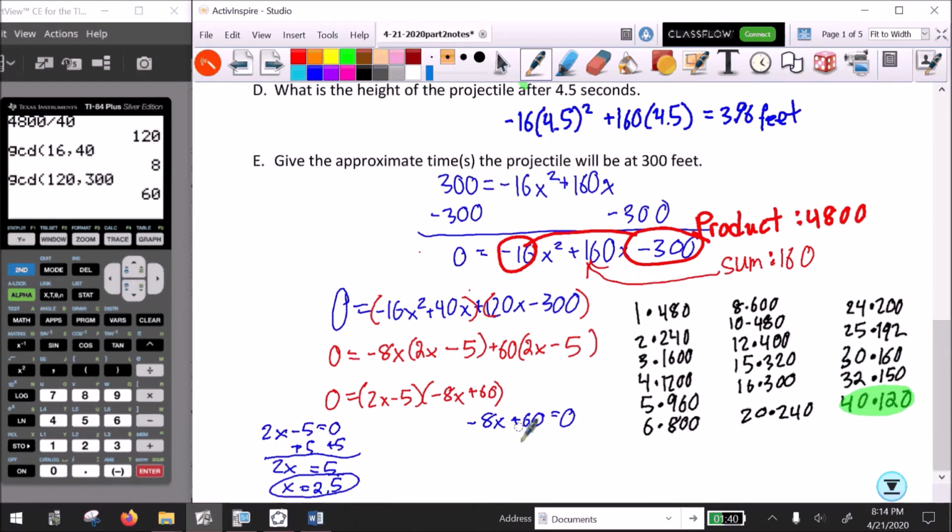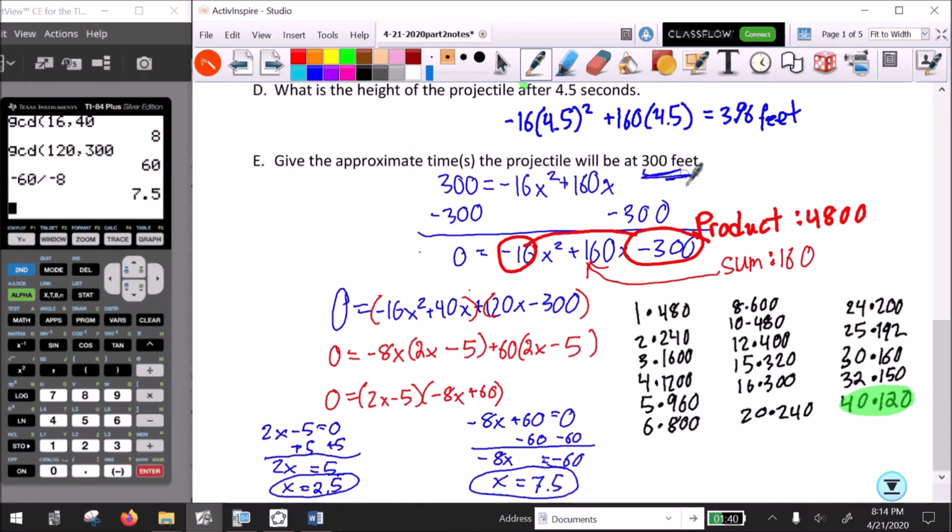Over here, we're going to subtract 60. Negative 8x is equal to negative 60. So we have to do negative 60 divided by negative 8. And we get that x is equal to 7.5. And those are the two answers for when the projectile is at 300 feet.